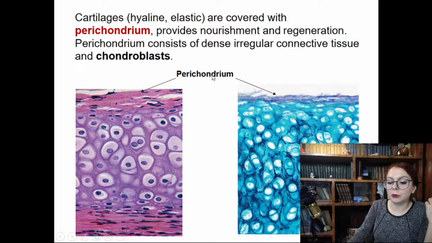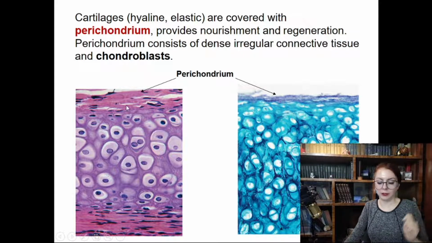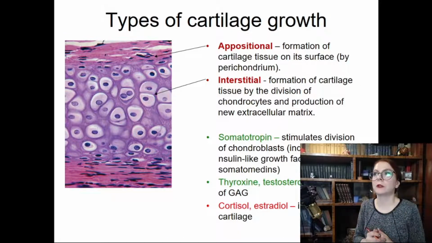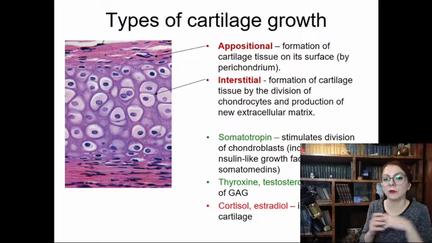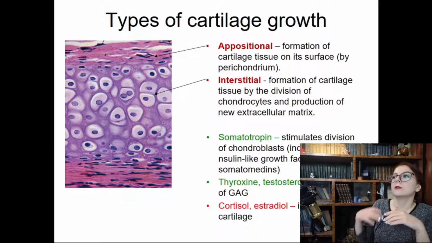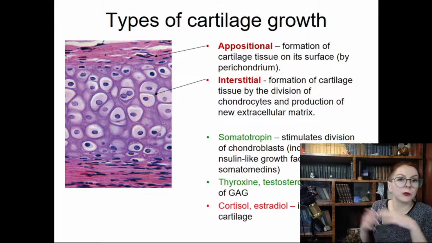Okay, so perichondrium is the dense connective tissue on the surface of the cartilage, and it contains chondroblasts and blood vessels. In terms of perichondrium, we have to mention that cartilages have two types of growth, and usually they grow early after birth and up to puberty.